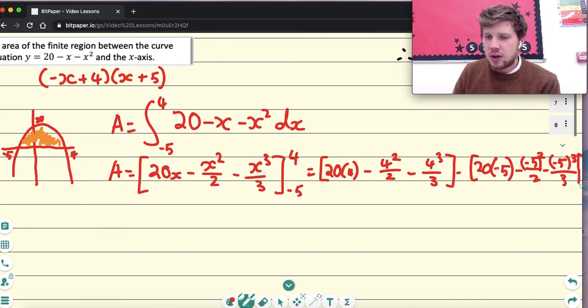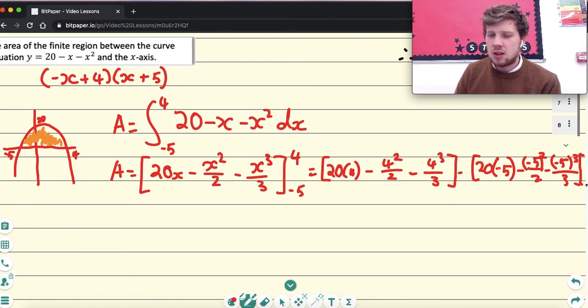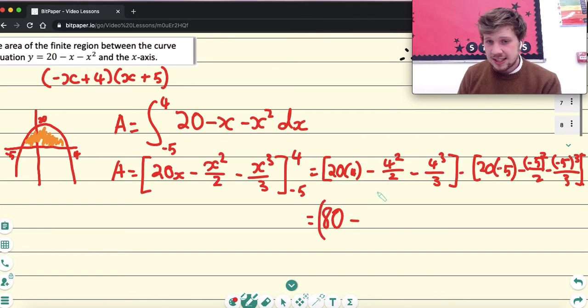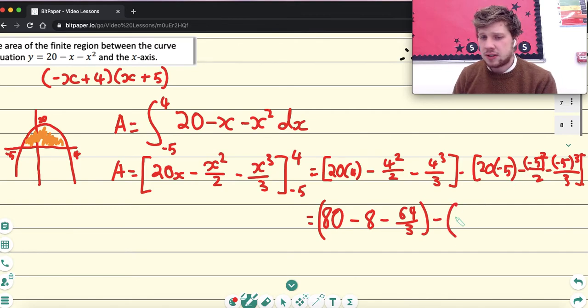Again, I could just work these out by looking at my calculator, or we're just going to do a bit of a mental exercise now. So this is going to be 80 subtract 16 over 2, which is 8, subtract 64 over 3. Take away, well, 20 subtract 5 multiplied by -5 is going to be -100.